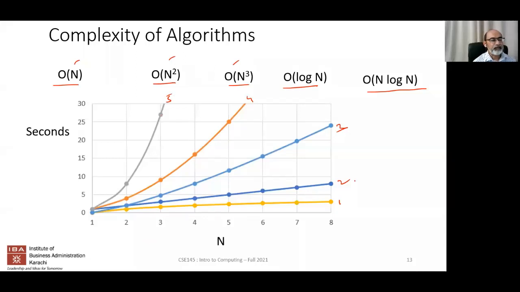Now I want somebody to tell me which of these corresponds to which. For example, order of n. Does this correspond to curve number 1, or curve number 2, 3, 4 or 5? Which curve does order of n correspond to? Saira Batul says: I think the yellow one shows O(n) because it is linear.